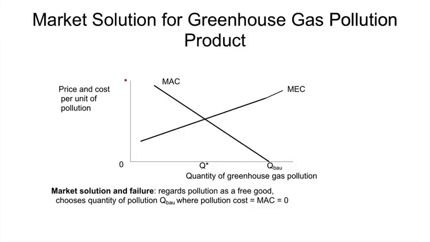Now in the current world where I regard pollution as free, the price of pollution is actually equal to zero, and I operate at this point where the marginal abatement cost, the MAC, also is equal to zero. That is, I don't take any account of the pollution and how it affects climate change. So that's the original solution.